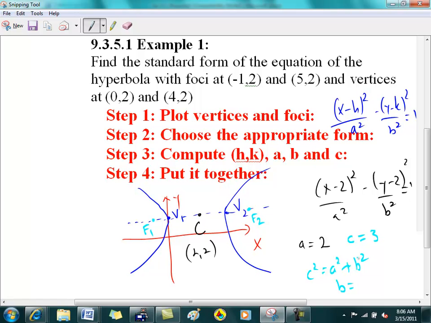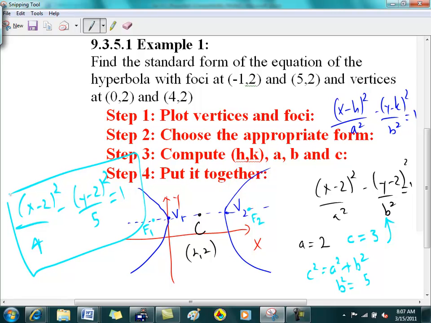I'm not fessing up, that's all. Okay, what's B equal to? So the square root of 5. Is everybody there? And so B squared is 5 because that's what I want for my equation. So my final equation becomes X minus 2 quantity squared over 4 minus Y minus 2 quantity squared over 5 equals 1. That's my final answer.